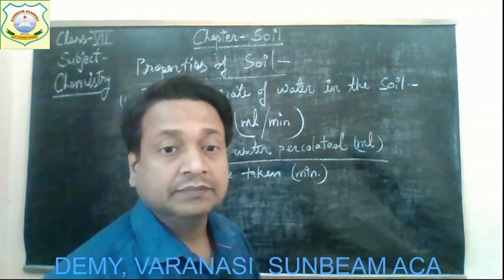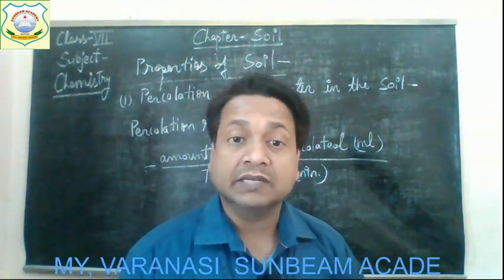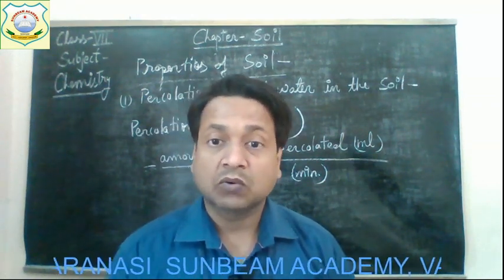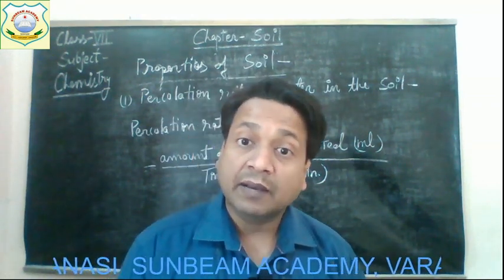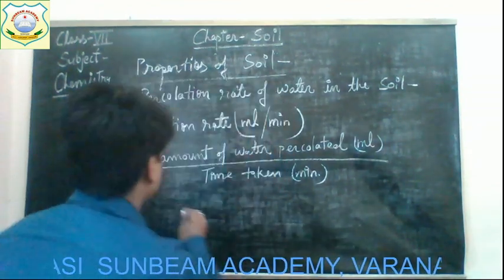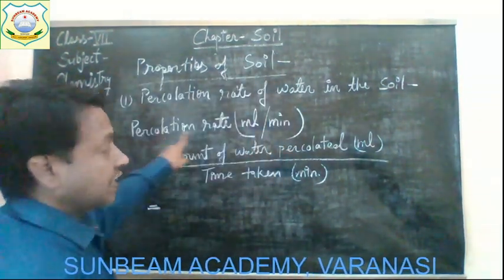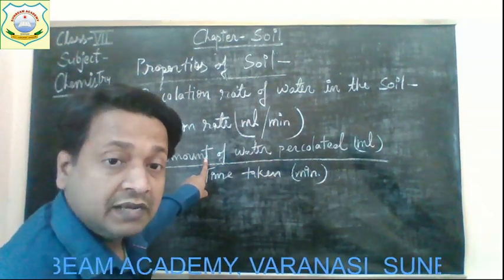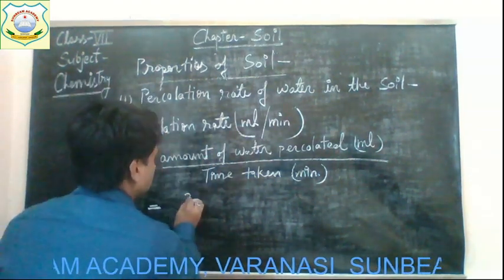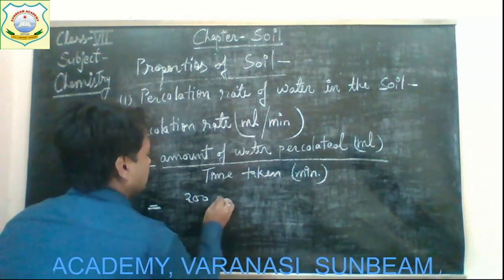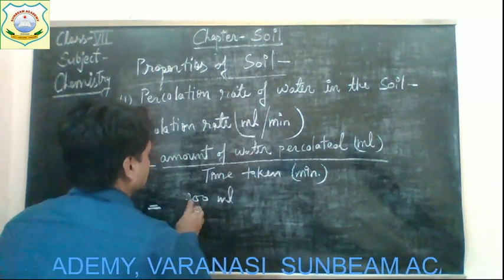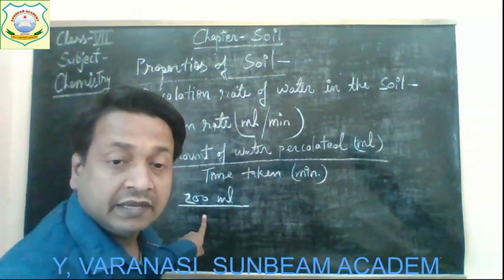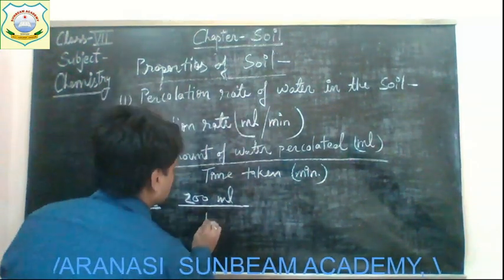For example, if it takes 10 minutes for 200 ml of water to percolate, then the rate of percolation will be amount of water, how much have we taken? 200 ml. And the time taken is 10 minutes.